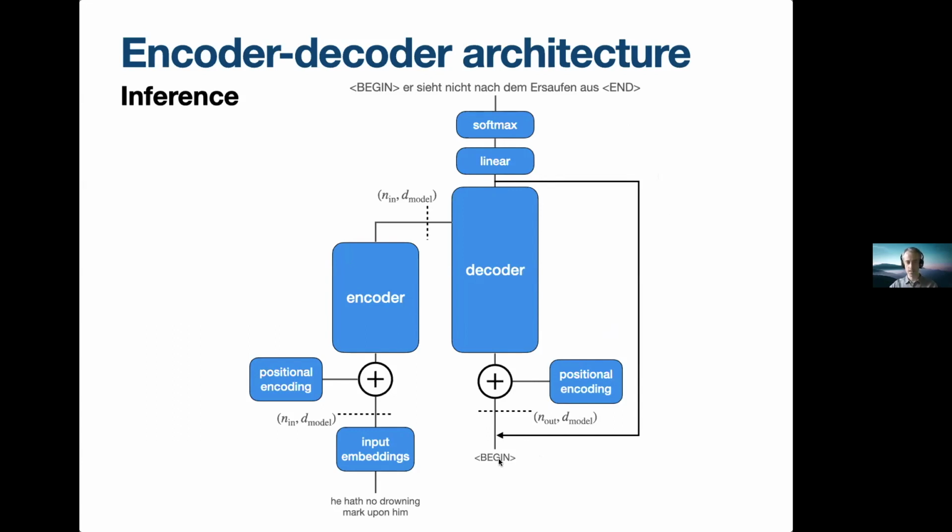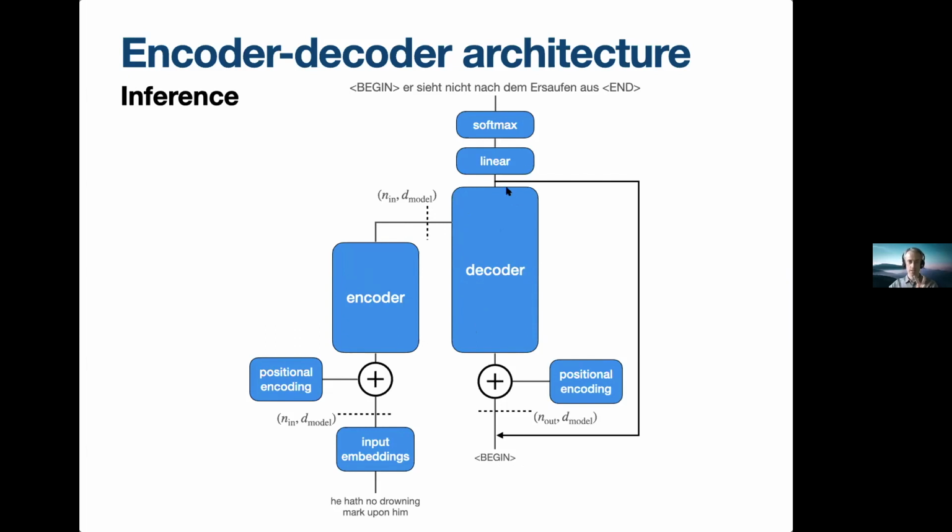This tells us that we're going to begin a sentence. We perform positional encoding on that. You push this into the decoder. You get inputs from the encoder, and the decoder is finally going to spit out an encoding of word number 1. That's the first word that comes after the begin token.